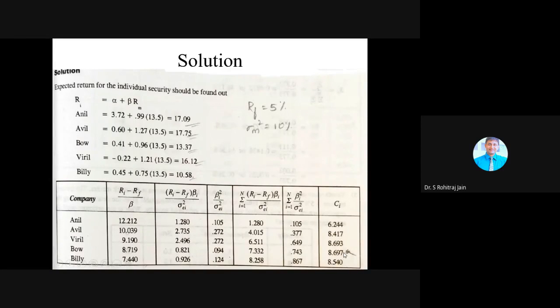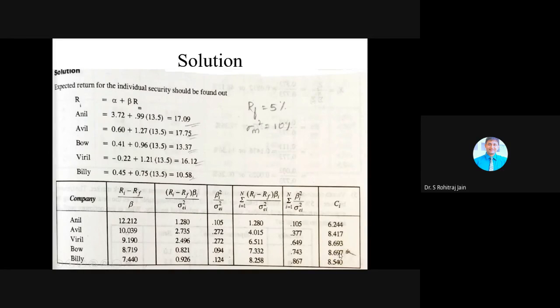I will be taking this value as my cutoff point. Okay. So I'll start here. I calculate CI first. I get 6.244, 8.417, 8.693, 8.697. Then after that, for Billy, that is the last stock, I get a value which is lesser than the previous one.